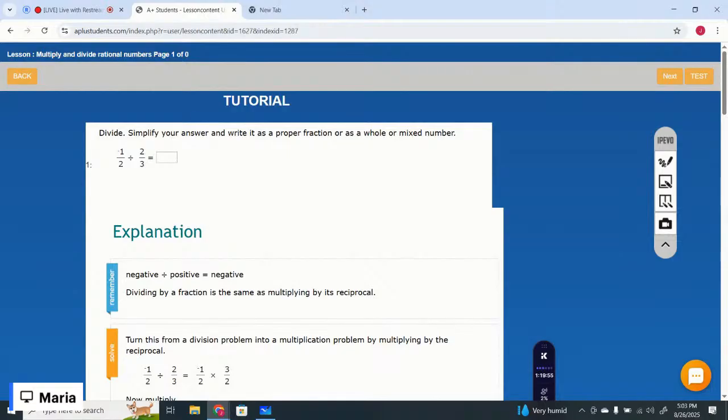Negative 1 by 2 divided by 2 by 3. So when we are dividing a positive and a negative number, where either of the numbers is negative, the answer is negative. Dividing by a fraction is the same as multiplying by its reciprocal. The same like we do with the fractions, right?